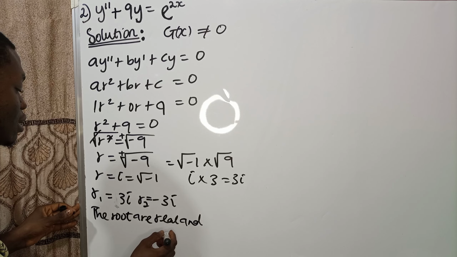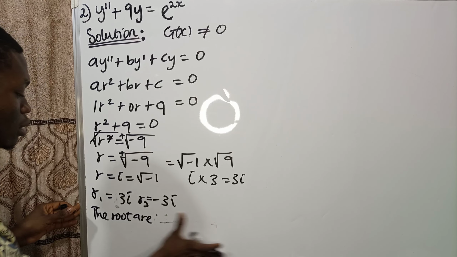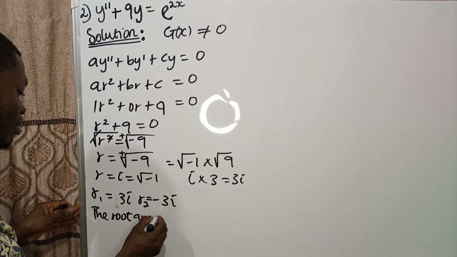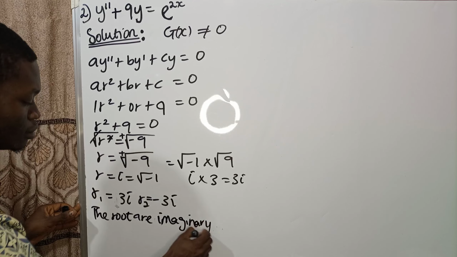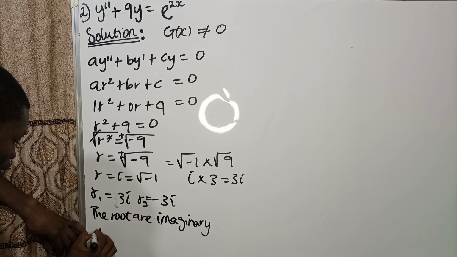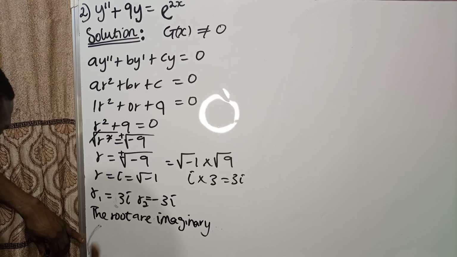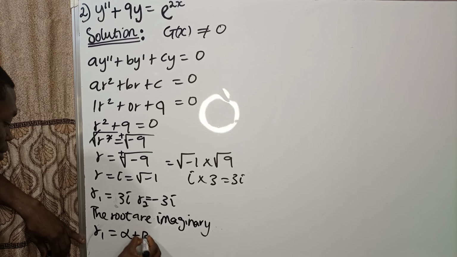The roots are imaginary, so we are going to use the formula: r1 is equal to alpha plus beta i, then r2 will be alpha minus beta i.